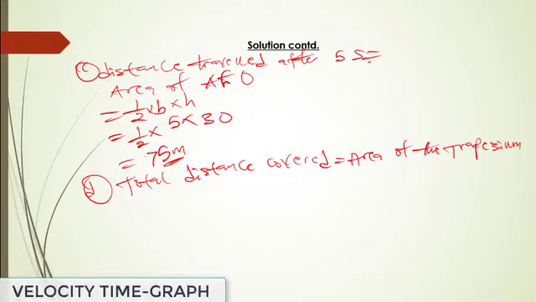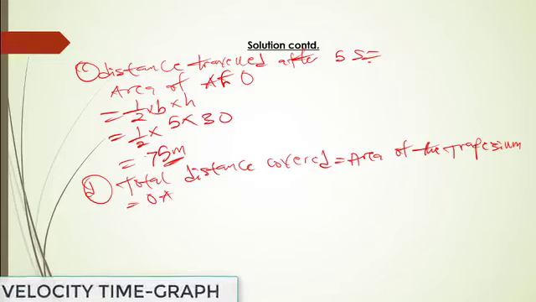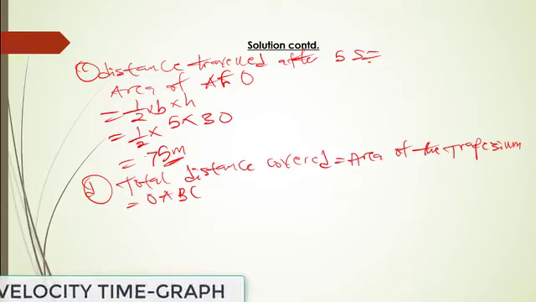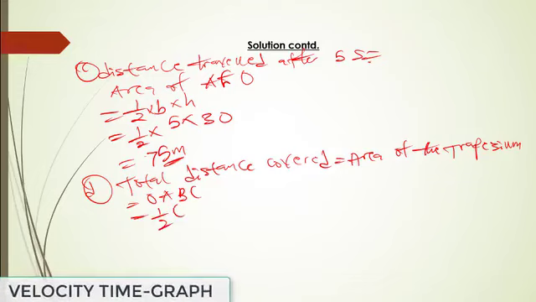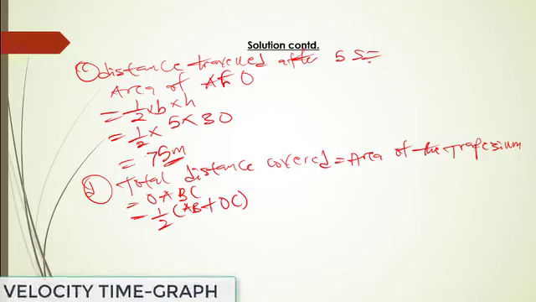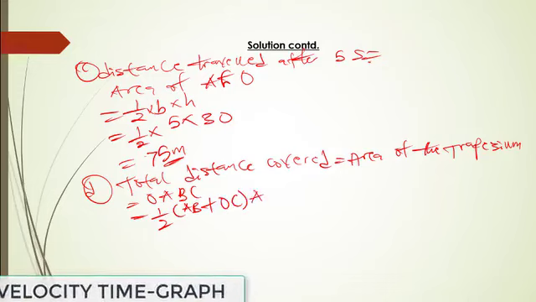Now, by the area of this trapezium, we are talking about the shape OABC. So we're trying to use the graphical method to find the answer to this question. The area of the trapezium is given by half, bracket, base, which is AB, plus length, which is OC, close bracket, and then multiplied by the height, which is AE.